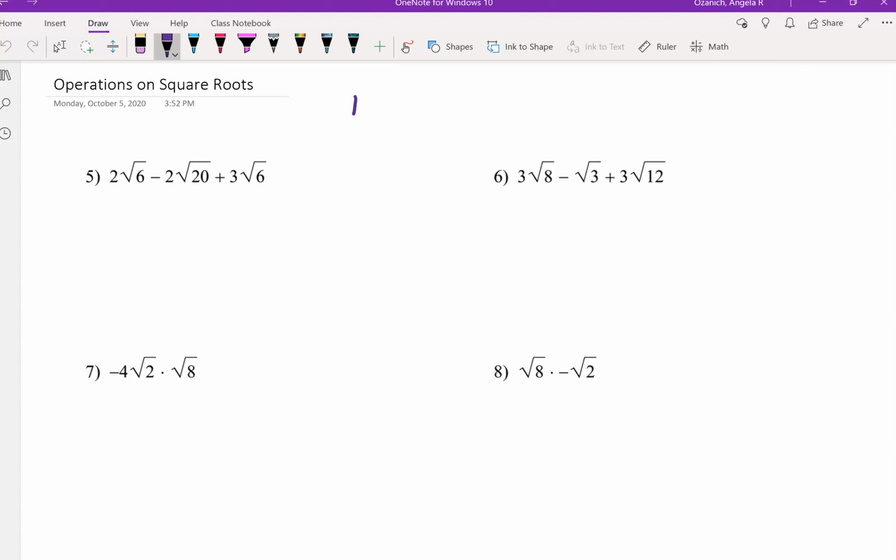If you are adding and subtracting, this is the biggie. Adding and subtracting, you have to have a like value underneath the square root if you are going to combine and call those like terms.